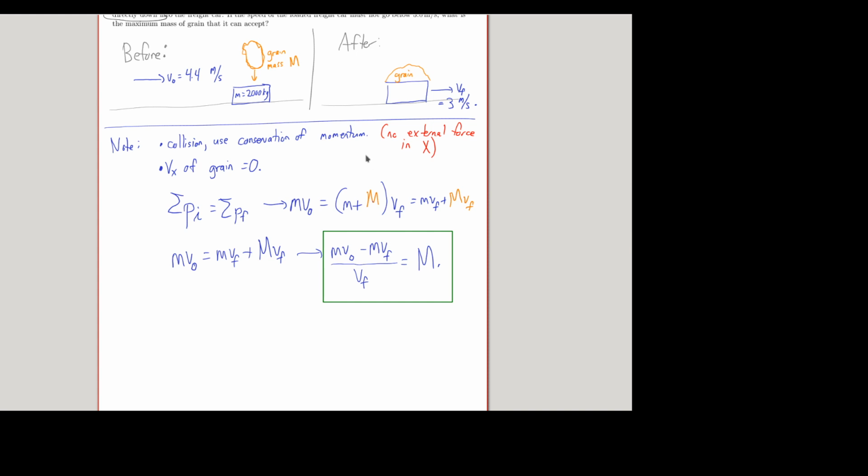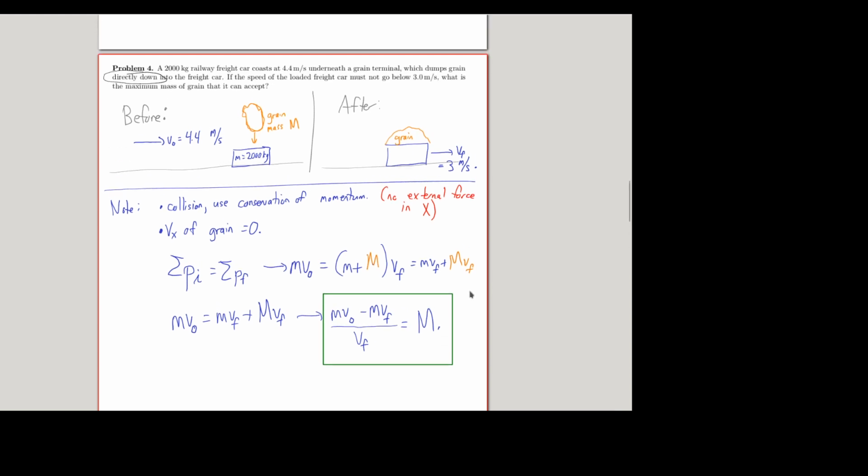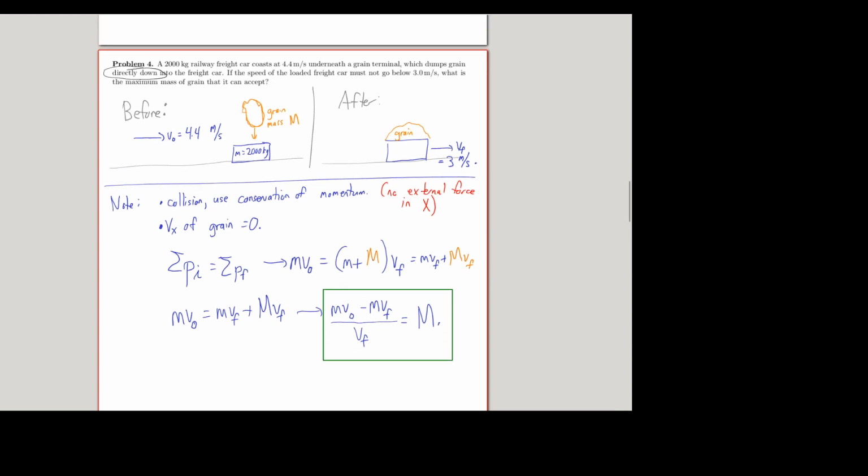Now if I put these numbers in, 4.4 and 3.0 are going to be hard to do in my head, so let's just type this into Google Calculator.